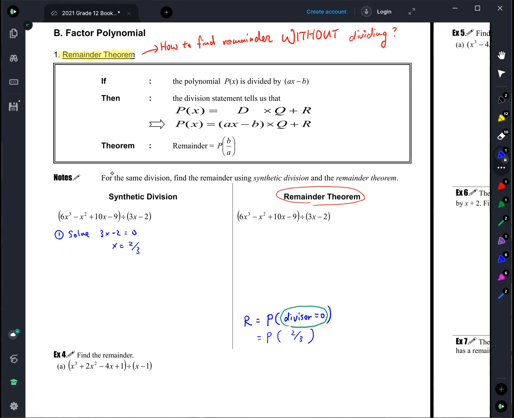And what's the P? P is referring to our dividend, the polynomial here. This is our P of x. Okay, and on the last page, we just practiced how to sub it in, right? So now I would like you guys to take out your calculator or do it by hand. Plug it into our polynomial.